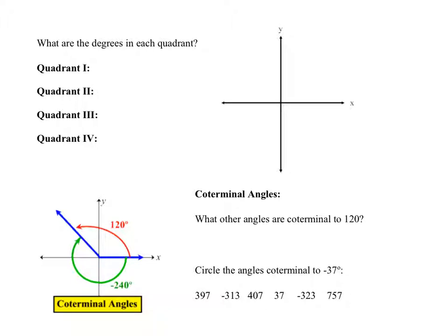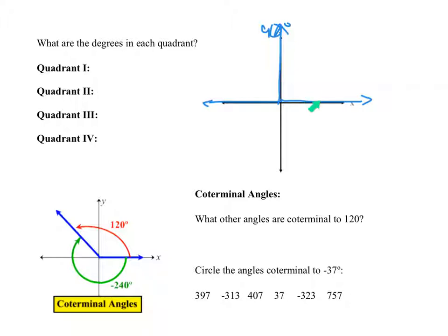So hopefully you realize that all the angles start here. And if I go right here, that is a quadrantal angle, so that's 90 degrees. It's a right angle.